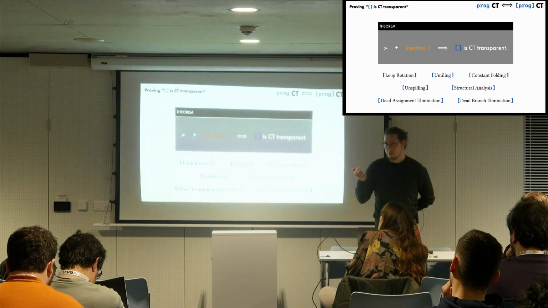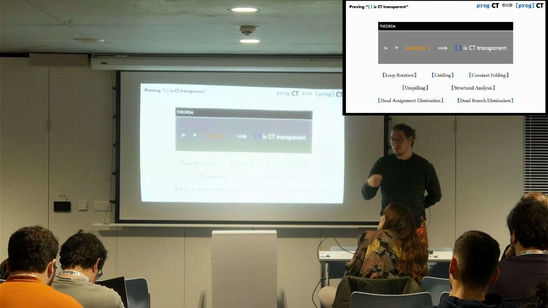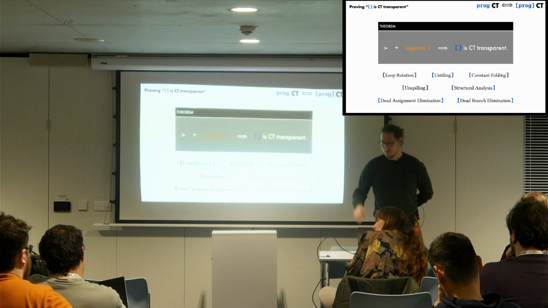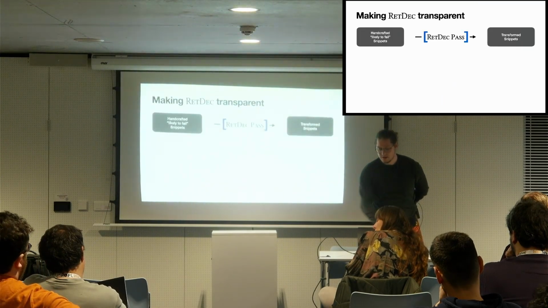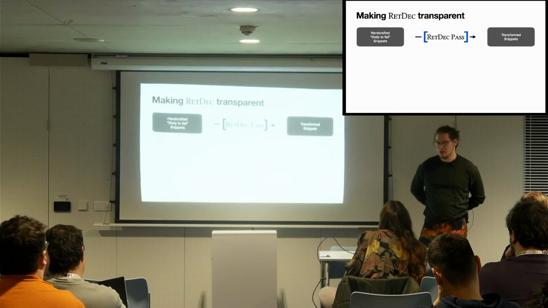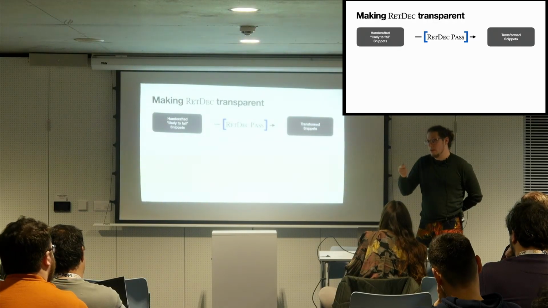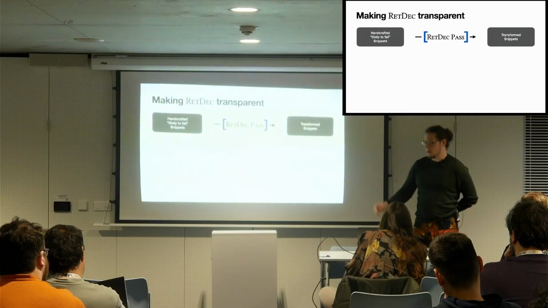For RedDec, what we did is we did not formally prove the passes correct, but we tested them on a set of likely-to-fail snippets. And if a pass behaved non-transparently on these, we just removed the pass.